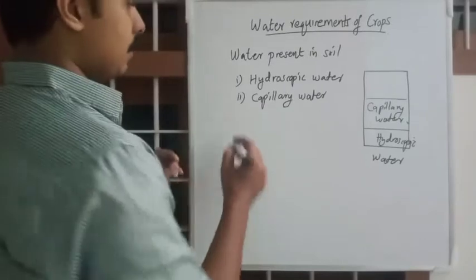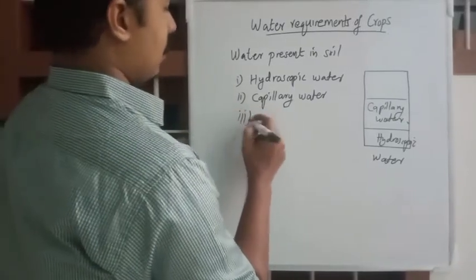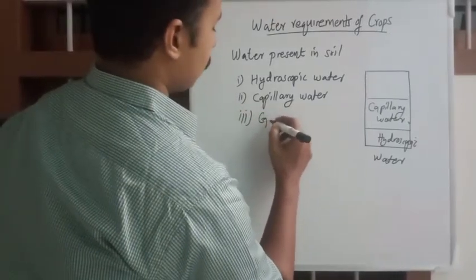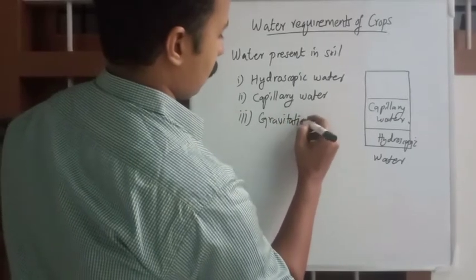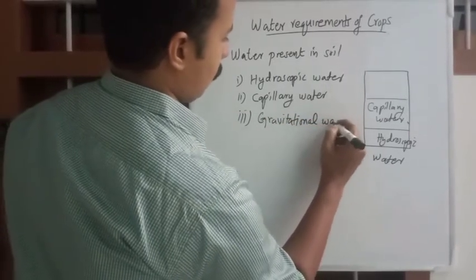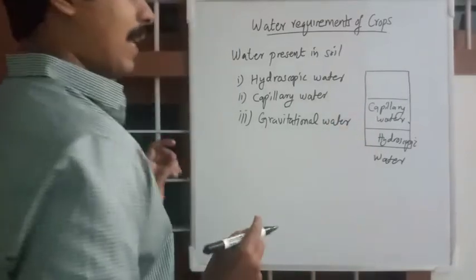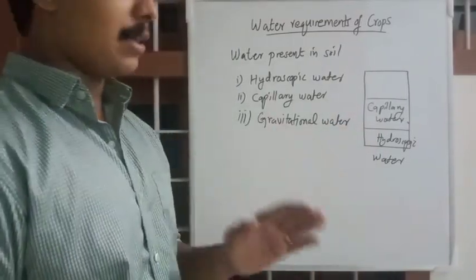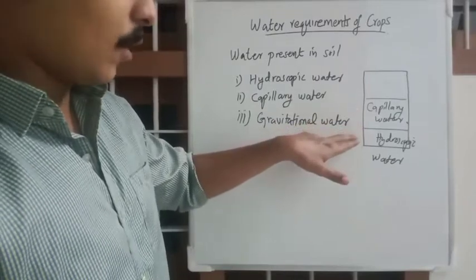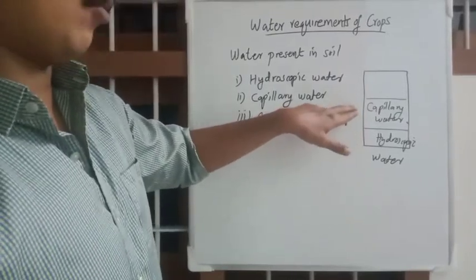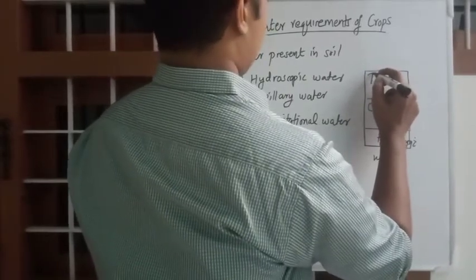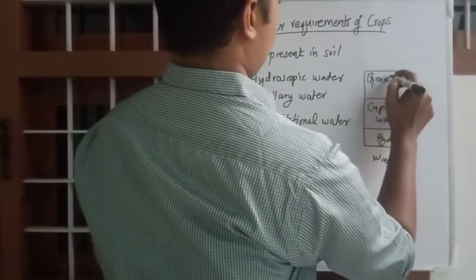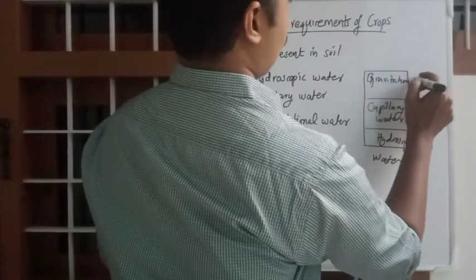And the last one, gravitational water. Gravitational water is the water in excess of hydroscopic and capillary water which can be drained by gravity.